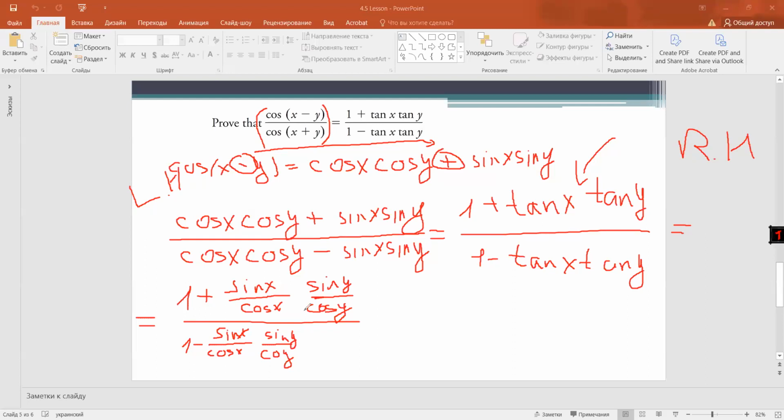So now, the next step: here we have a product in the denominator and numerator, so we can join these two together. I have sine x times sine y over cosine x times cosine y, plus 1. So how do we add 1 to any of these terms?